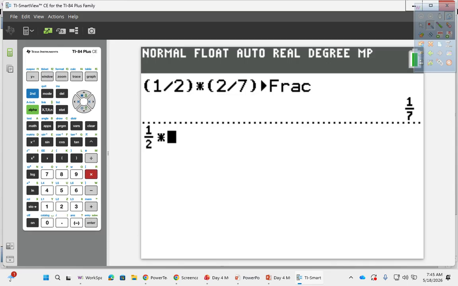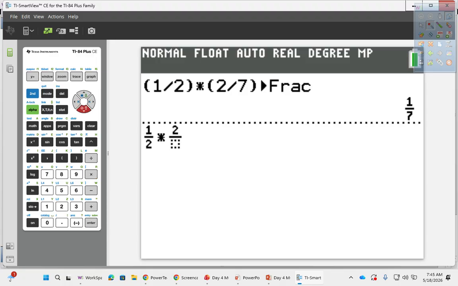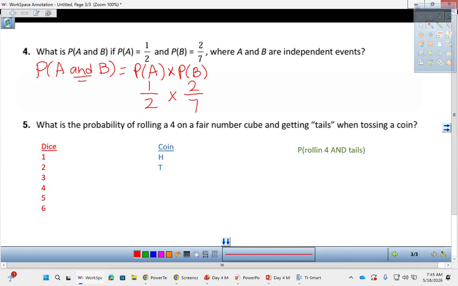It will do that already. So either way, we're getting 1/7 here. Or if you're doing it by hand, you're just multiplying straight across. 1 times 2 is 2, 2 times 7 is 14, and then you would have to reduce that fraction. So doing it in the calculator skips that step and reduces it for you.